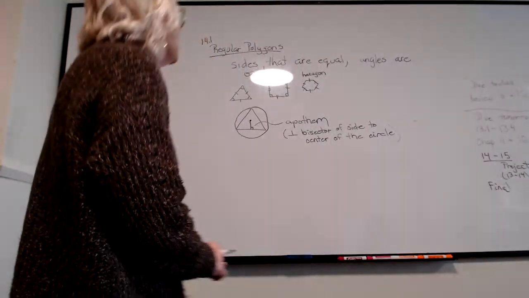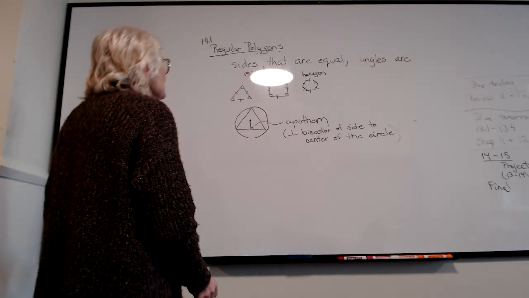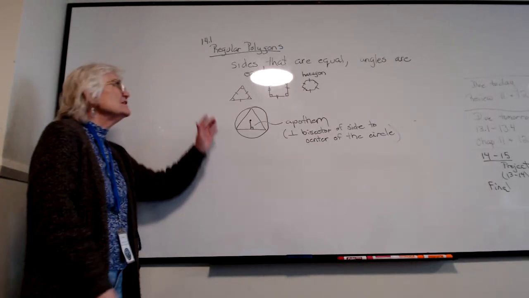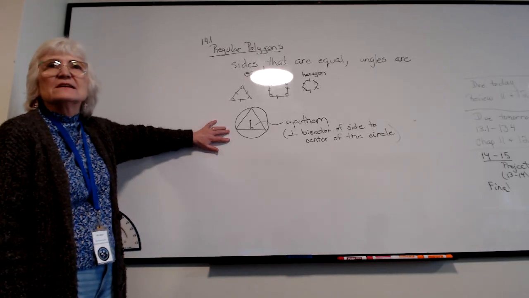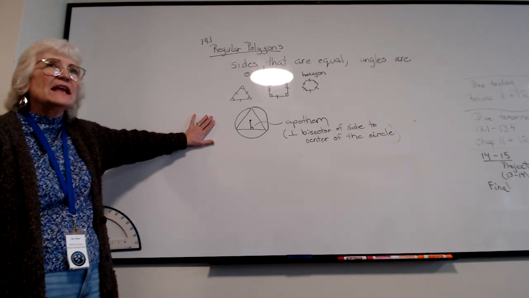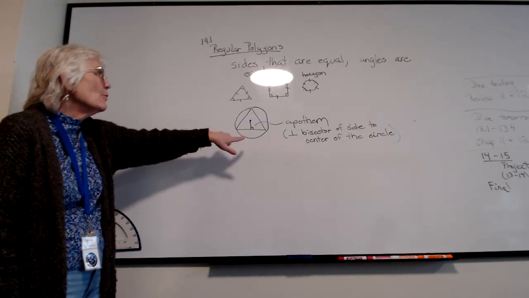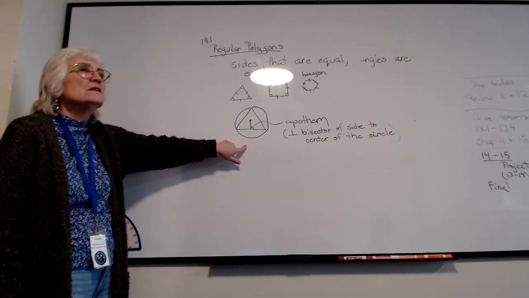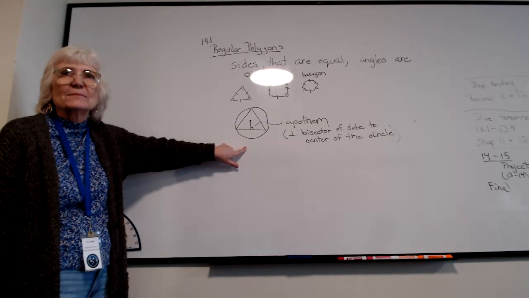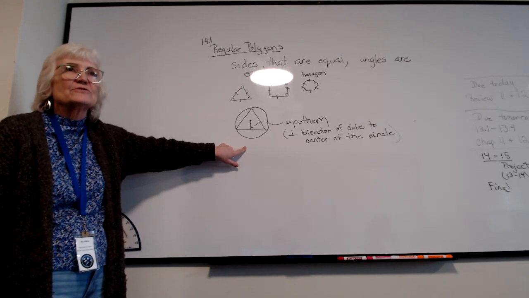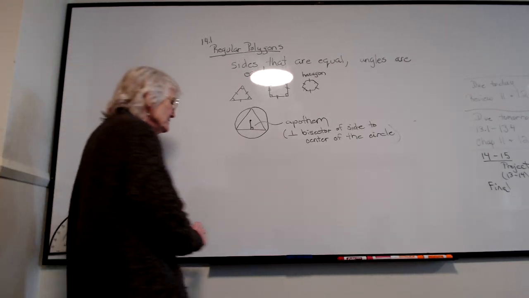So we're going to go into 14.2. We are really just defining things, talking about the central angles, talking about what the opothem is called, but that's really all we're talking about. It's just describing what the situation looks like.